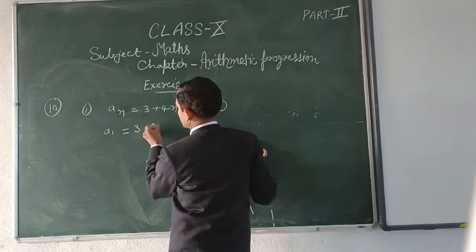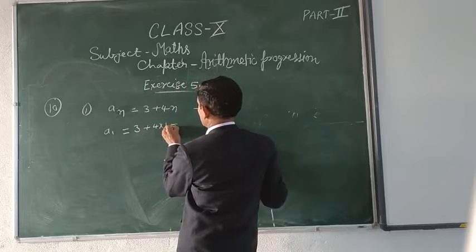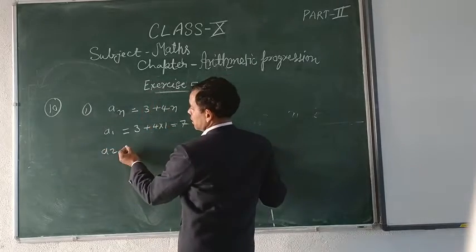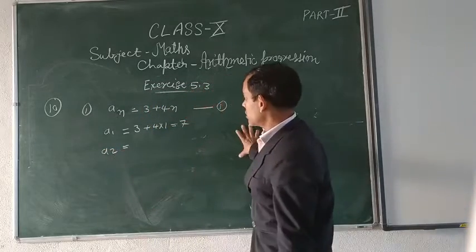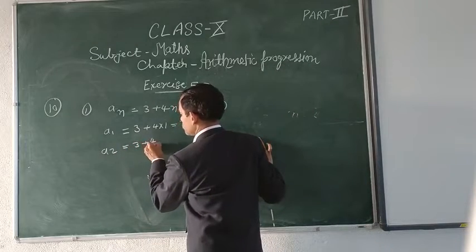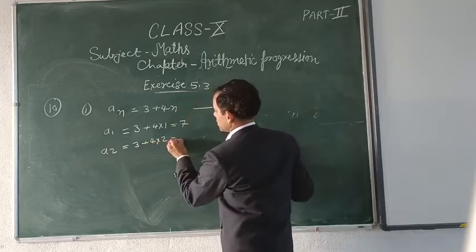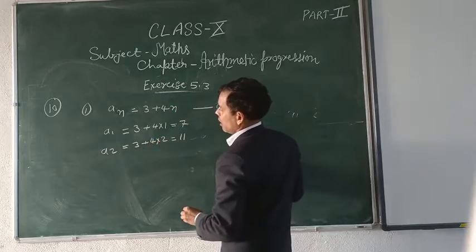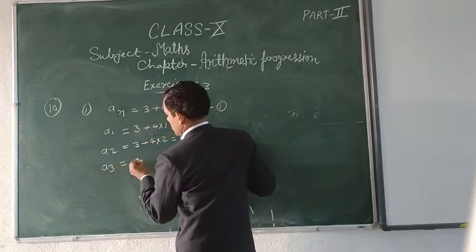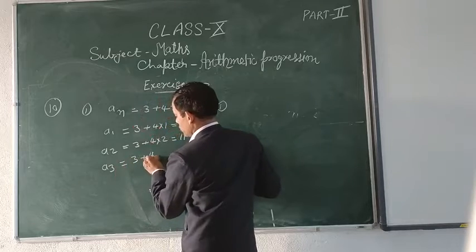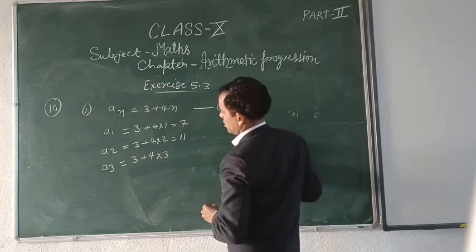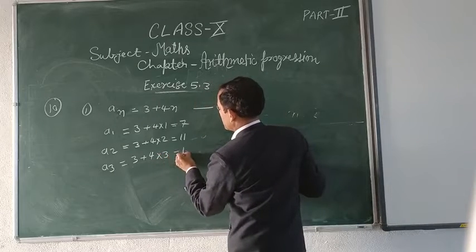So 3 plus 4 into 1, it means 7. Okay, a2, if you want to find a2, then in place of n we will put n equal to 2, then this will be 3 plus 4 into 2, which is 11, and a3 is 3 plus 4 into 3, which is 15.